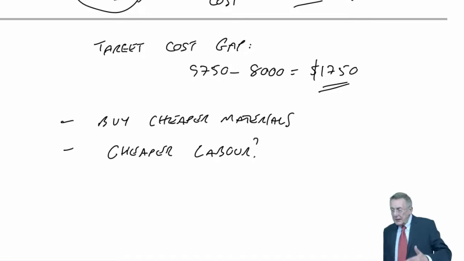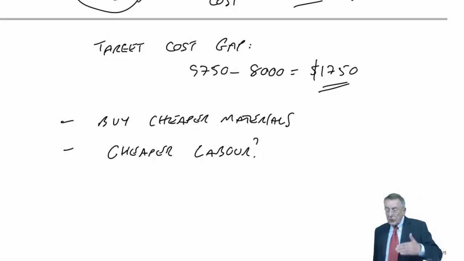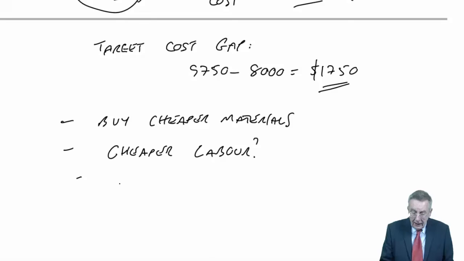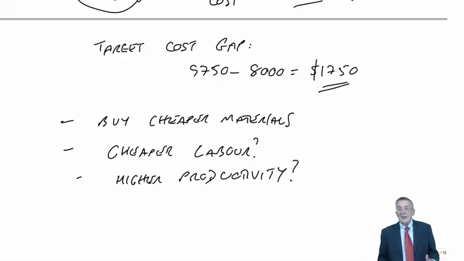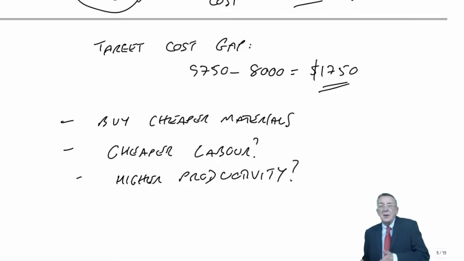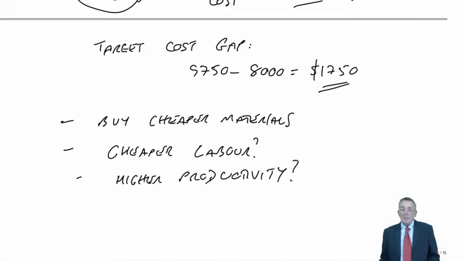However, although certainly you'd look to see if we could reduce costs, so another one, higher productivity. What I mean there is, even if we pay labour the same rate, if they could produce faster, then the labour cost per car would be lower.